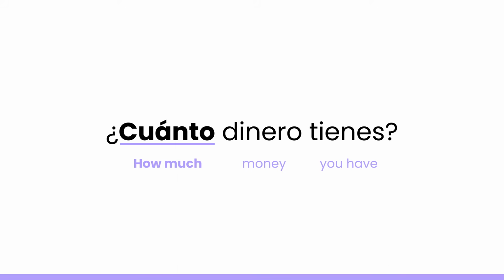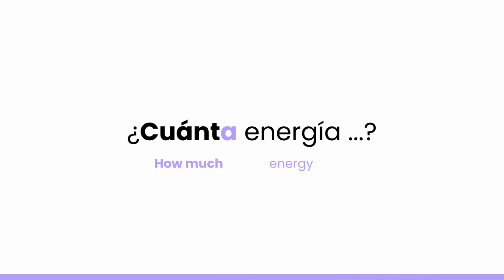Again, tienes is tú tienes, but we leave out that tú at the beginning because tienes already tells us that we're talking about you. So, ¿Cuánto dinero tienes? How much money do you have? Or when we talk about something feminine, so energía, for example, which ends with an A, it's a feminine word, la energía, we say cuánta.